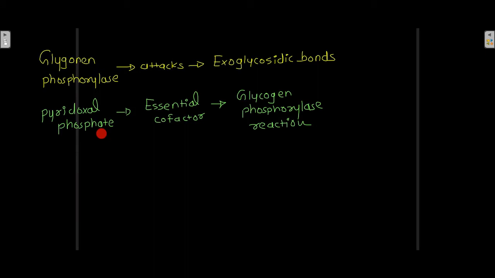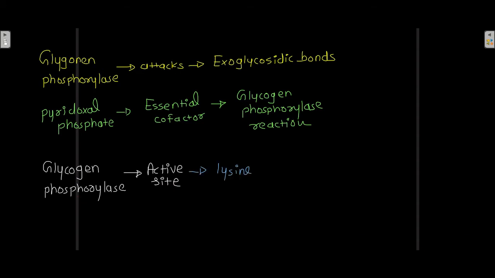Pyridoxal phosphate is an essential cofactor in the glycogen phosphorylase reaction. This pyridoxal phosphate helps glycogen phosphorylase in the breakdown of glycogen. Now consider the active site of glycogen phosphorylase.